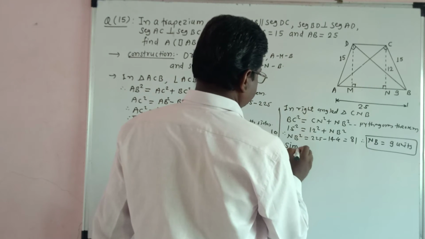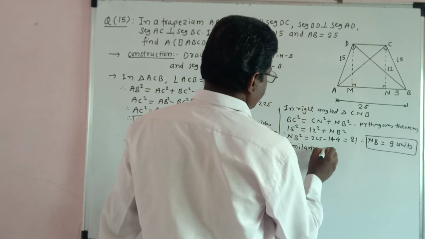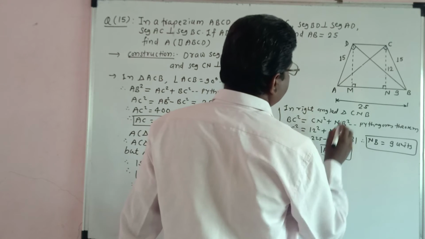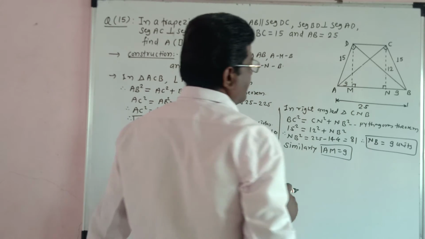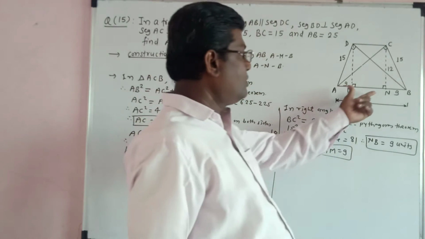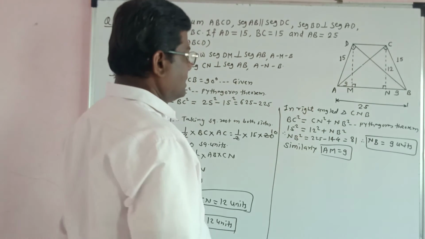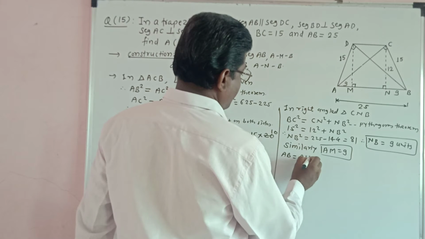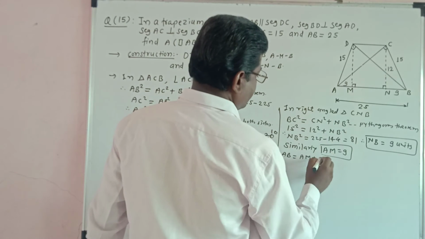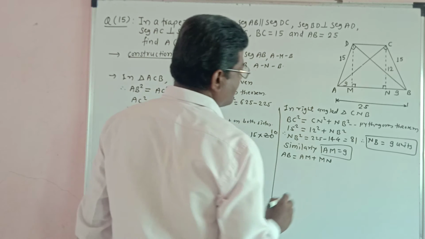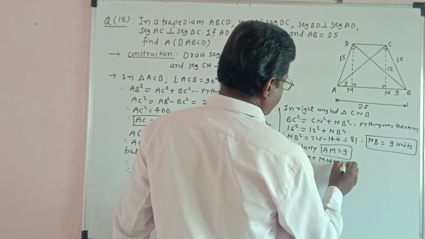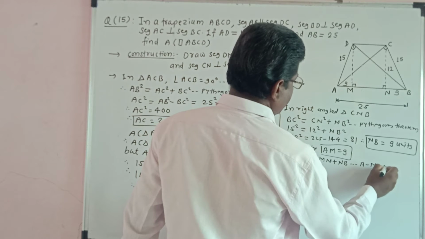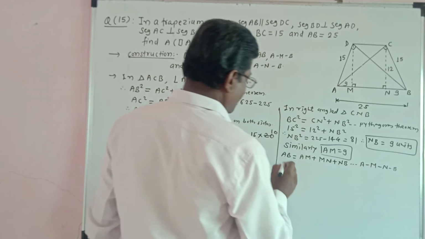Similarly, AM is equal to 9. Let's find the value of MN now. So AB is equal to AM plus MN plus NB. The reason is A-M-N-B.